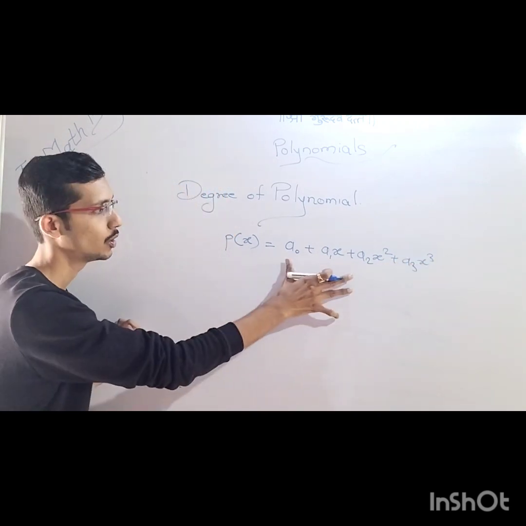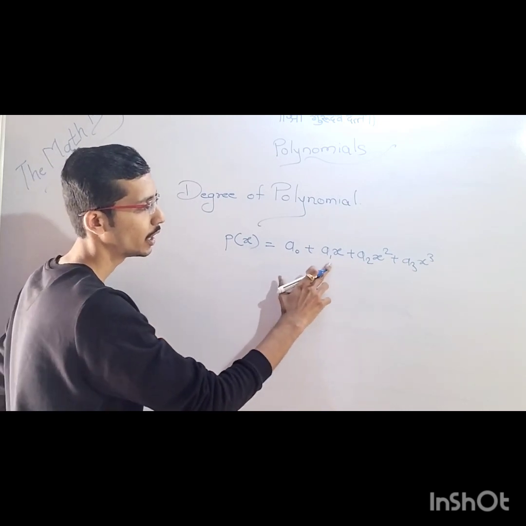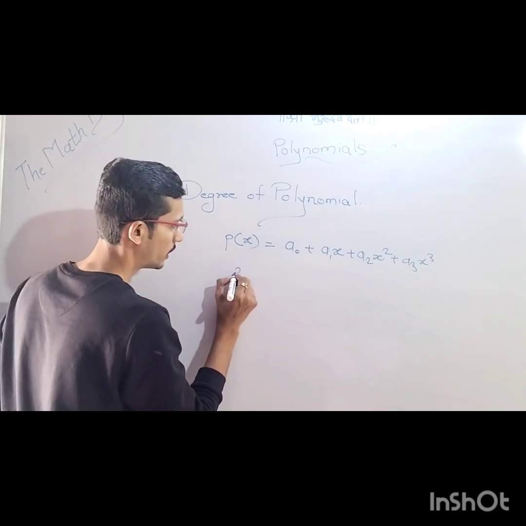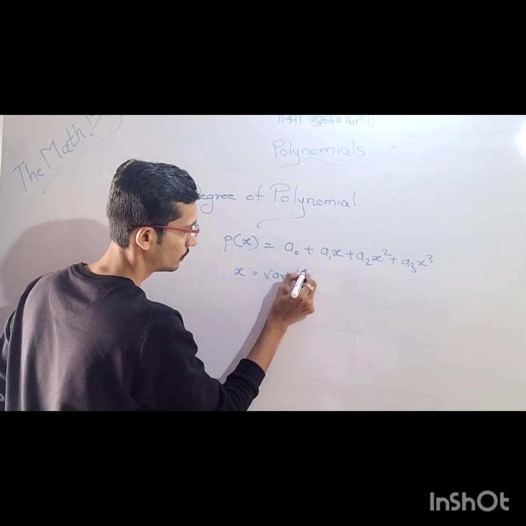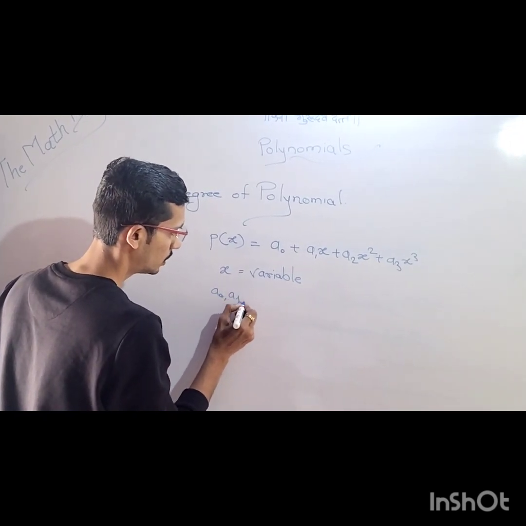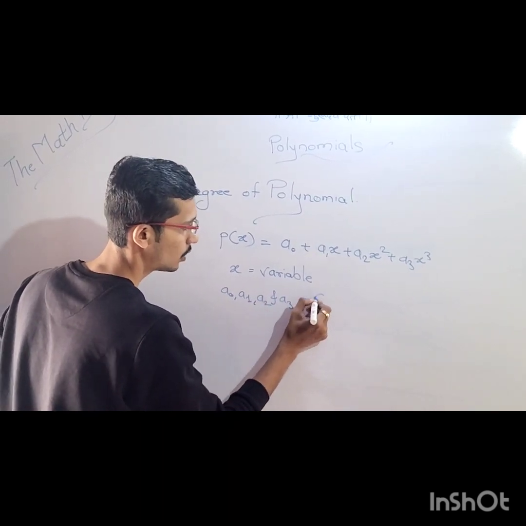This is a polynomial whose variable is x, and a0, a1, a2 and a3 are the constants.